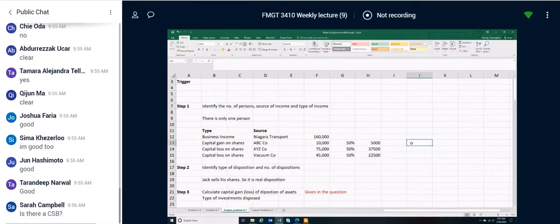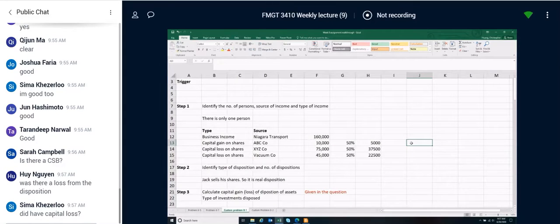That's not the right term. It's not CSB, it's SBC, right? So did you have a small business corp? Remember, to be a small business corp, you had to have certain criteria met. You have that 90-50 test that we talked about last class. So number one, is there an SBC?